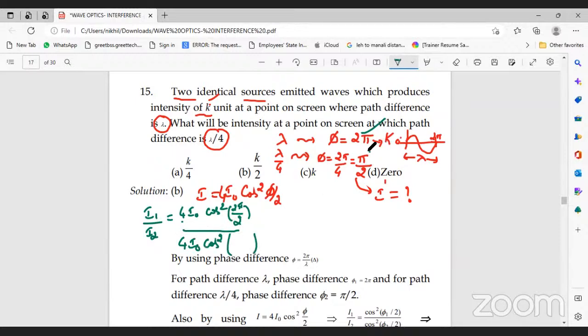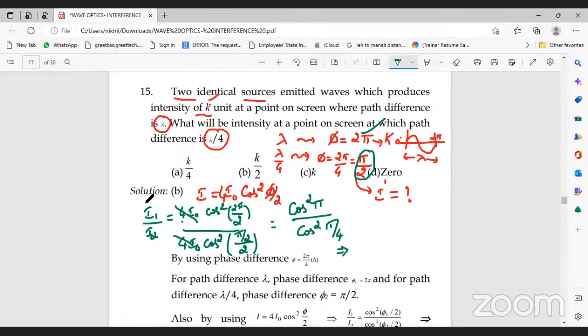What is the second phase angle? Pi by 2. So 4 I naught cos squared pi by 4. So it is cos squared pi divided by cos squared pi by 4.